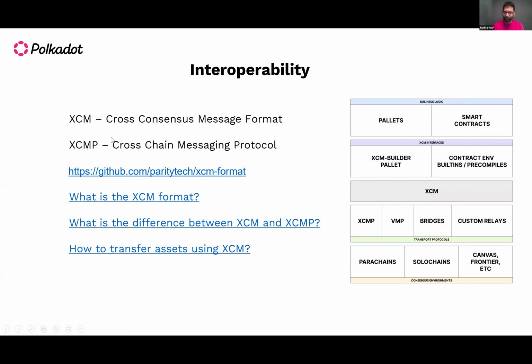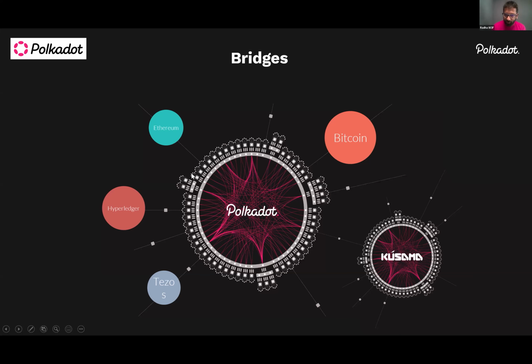With XCMP, it doesn't allow you to hack at the protocol level. The entire communication here is protected by the whole network security. It's not a limited set of validators. It's actually the entire network security that is backing the cross-chain communication.